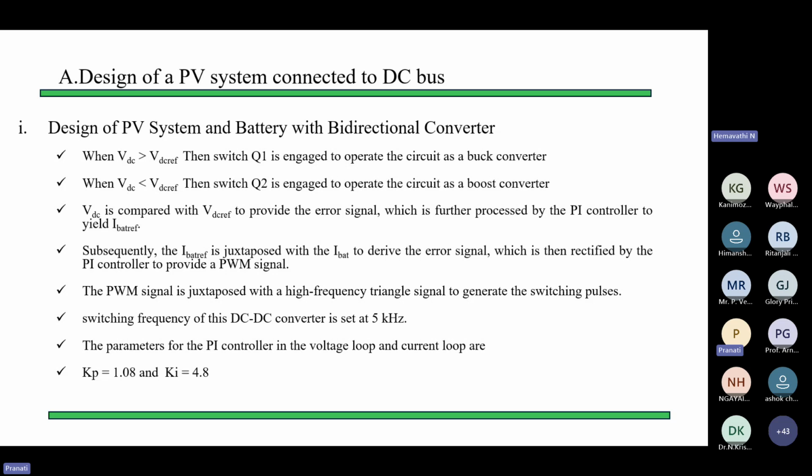The switching frequency of this DC-DC converter that I have used in this research is 5 kilohertz. Then the parameters of the PI controller for the voltage and current control loop are stated here. These two parameters, KP and KI values, I have obtained by trial and error method, and I have used the particle swarm optimization method to find out the KP and KI.